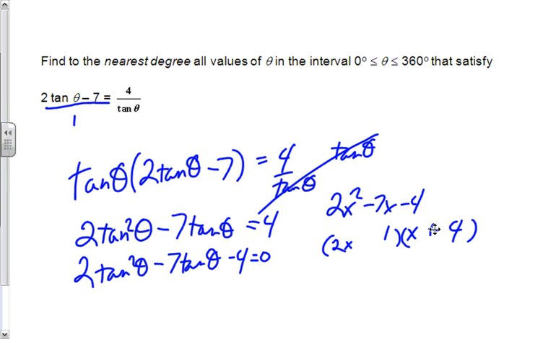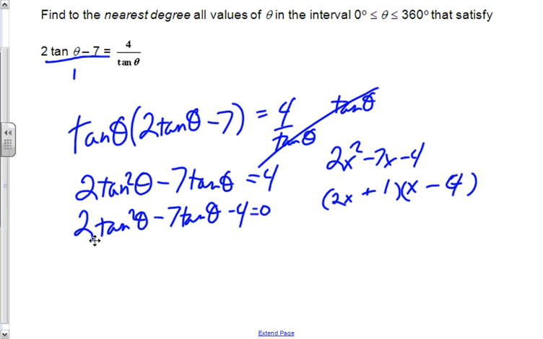Not going to work. All right. If I reverse the order, I get negative positive. That's negative 8 plus 1, which is our 7. So watch your signs. It happens. Factoring this is going to be the same thing as 2 tangent of theta plus 1 times tangent theta minus 4.